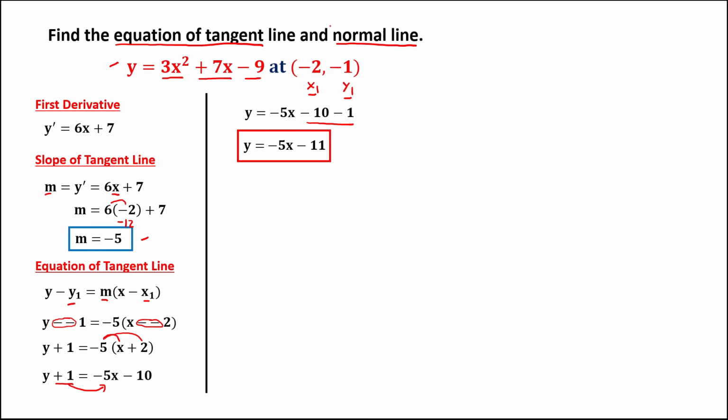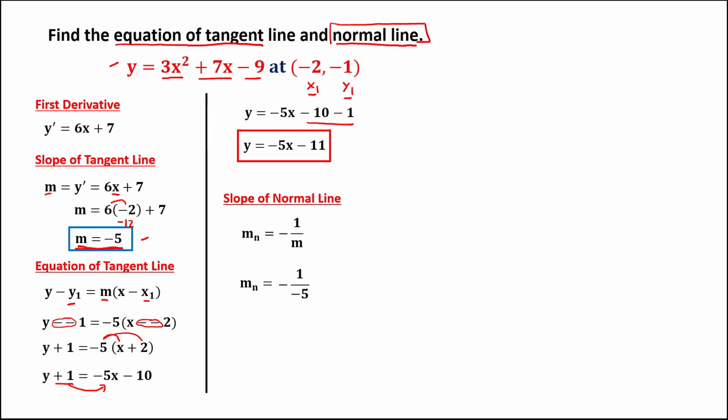Then to find the equation of the normal line, first we need to find the slope of the normal line. Since the slope of a normal line is equal to negative 1 over m, this is equal to negative 1 over negative 5, because m is equal to negative 5.